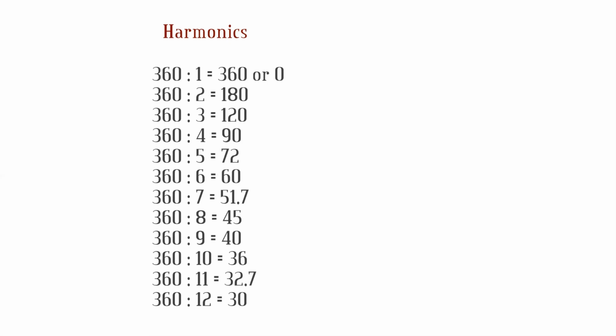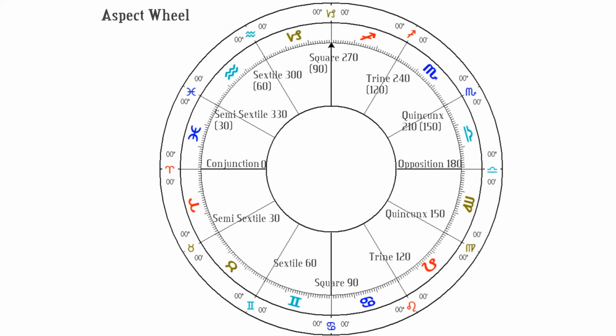So how do we apply this? You look back at the wheel and you make the connections. So in the wheel there are, from the Aries point, 12 semi-sextile increments, 30 to 30, 30 to 60, 60 to 90, 90 to 120, and so forth.